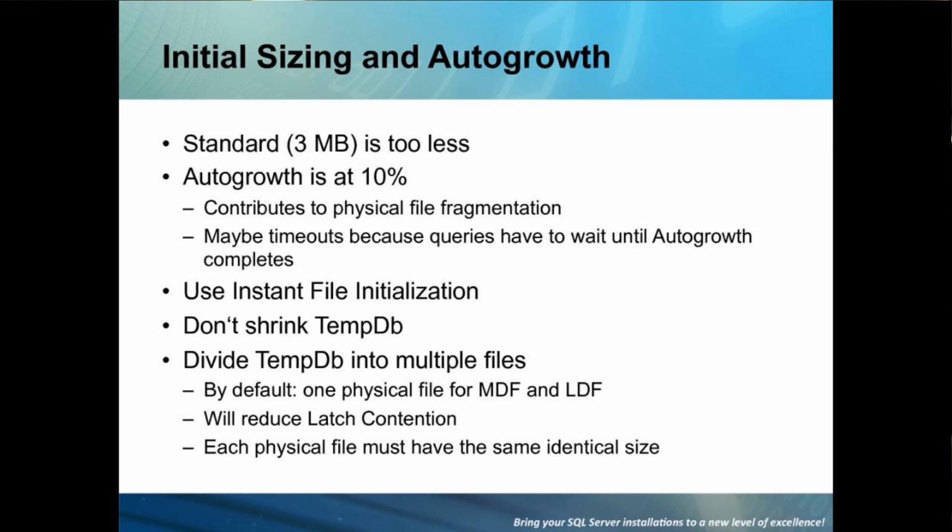Don't shrink TempDb, don't shrink any database. You're just introducing a huge amount of index fragmentation, nearly 100%. And very, very important, to overcome latch contention, please make sure that you are using multiple files. As you have seen, even on a small machine, it is very, very easy to reproduce latch contention.